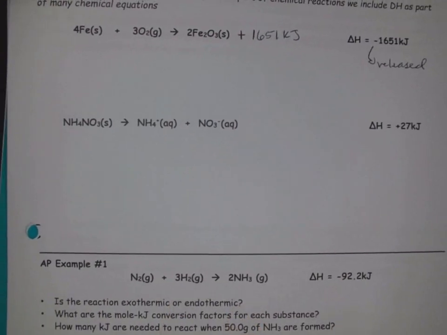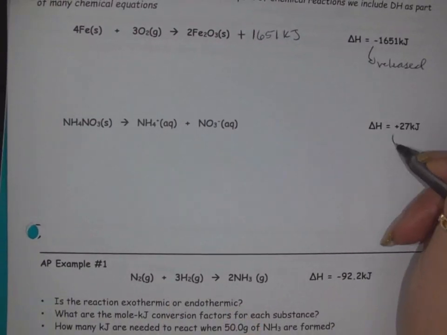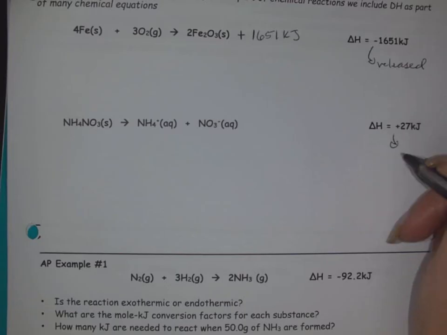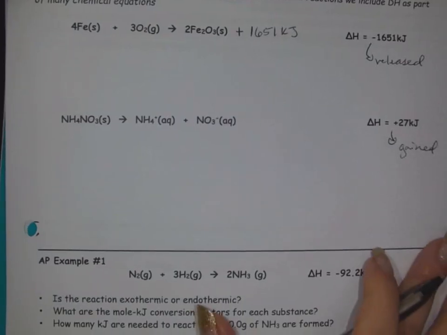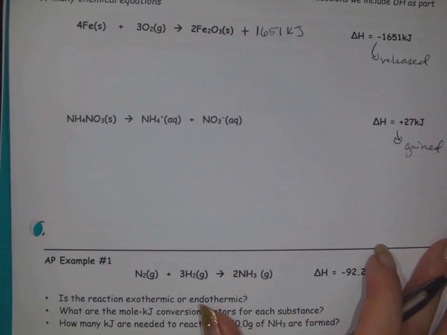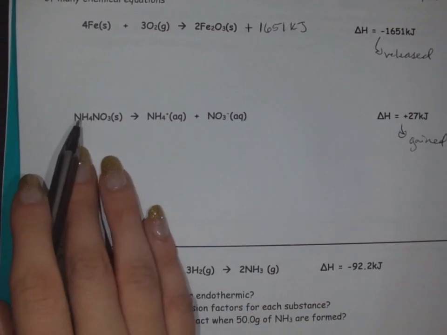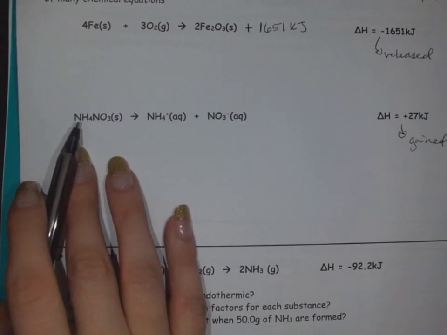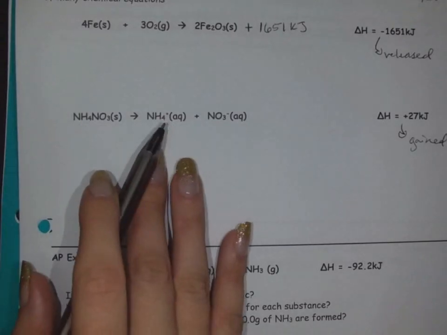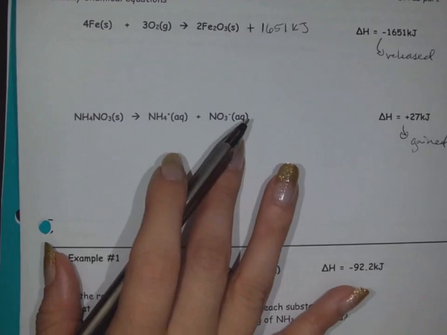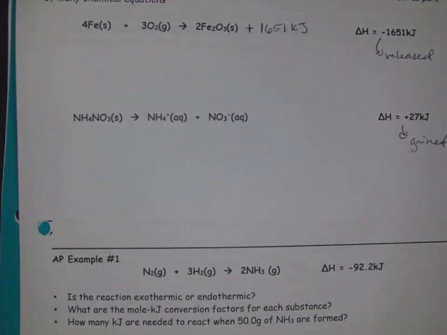Now on to our next one, we have a positive. So that means it's going to be not released but gained or absorbed. So think of it as a reactant instead of a product. In order for 1 mole of this ammonium nitrate to react and form these ammonium and nitrate ions, to break this apart, it's got to gain energy.